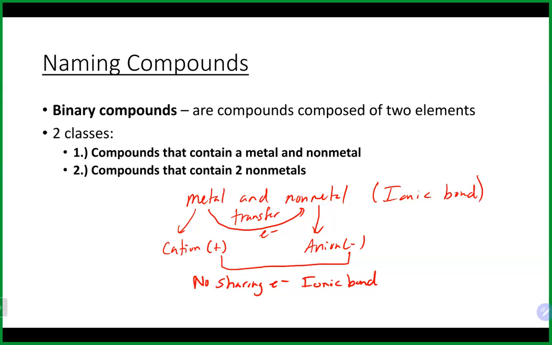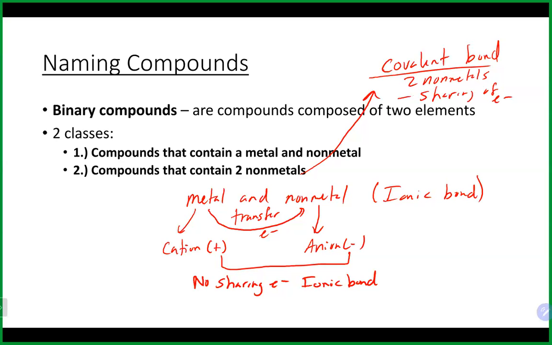No sharing of electrons happening. And that's different than when we get two nonmetals together. When we get two nonmetals together, that's going to result in what is referred to as a covalent bond. And a covalent bond is always between two nonmetals. And there's some aspect of sharing of electrons.